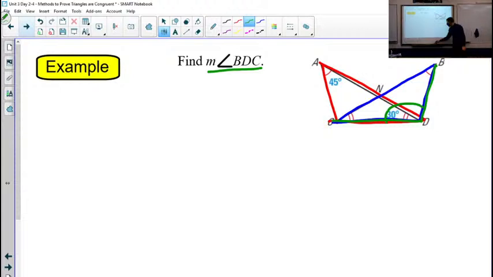Well, first off, let's write down some angles that we know. This is 45, which means, oh, there's one tick mark over here, so that's got to match it. This is 45, this is also 45. Here's a pair of 2 tick marks. So this angle here, 30 degrees, has to match up with this angle here, so it's also 30 degrees.